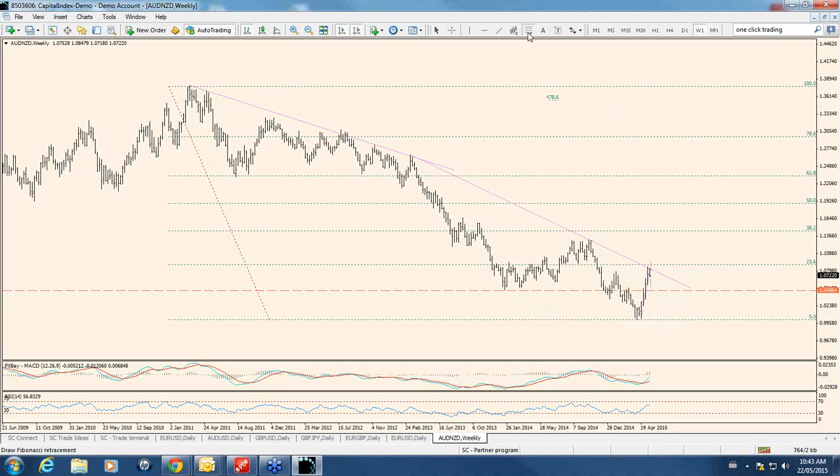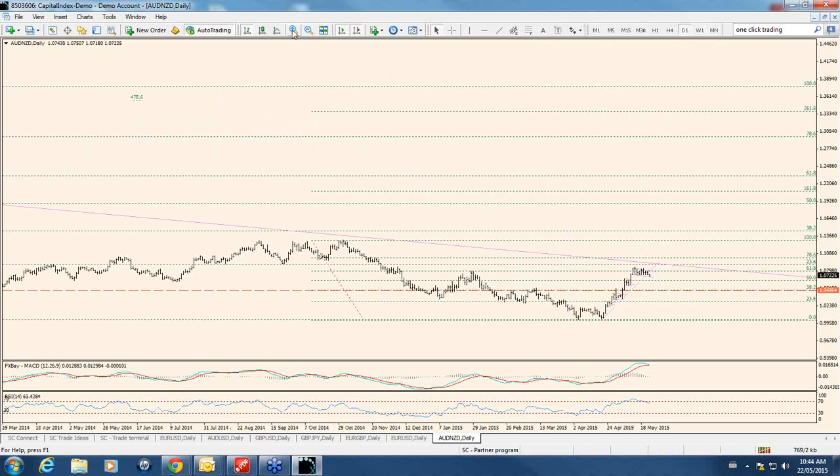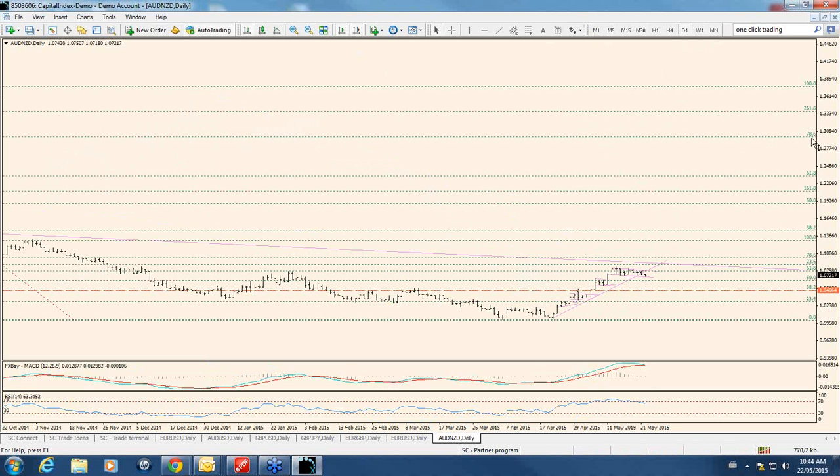And if you draw a Fibonacci from your phase 1 down to down here, the clusters are not meeting with the all-time trend lines, but that's okay. Let's just see now if we come to daily and blow that up a little bit.